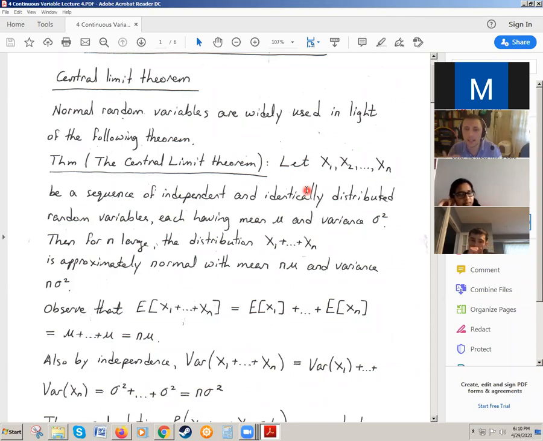But if I take identically distributed random variables, many of them, so n is large, x1, x2, x3, etc., then the sum of those random variables will have an approximately normal distribution. The mean of that distribution will be the expected value of the sum, and the variance will be the sum of the variances of each of those random variables. They are, again, identically distributed, okay?